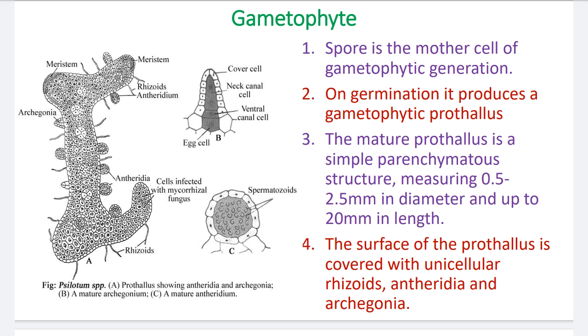Now see the description. Point number 1, the spore is the mother cell of the gametophytic generation. Number 2, on germination it produces a gametophytic prothallus. Number 3, the mature prothallus is a simple parenchymatous structure, made by parenchyma cells, measuring 0.5 to 2.5 mm in diameter and up to 20 mm in length.